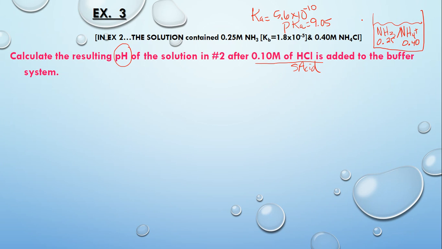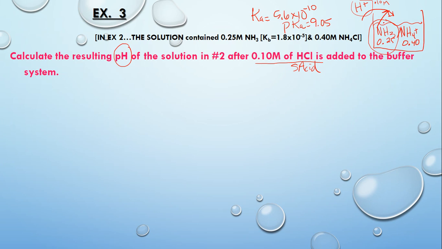So they say, okay, now you're going to add a strong acid. And from the strong acid, it's the hydrogen ion that's going to affect the pH. So since this is a strong acid, we're adding 0.10 molar of the strong acid. Think about what's going to attack the acid. The only thing that can attack the acid is the opposite of an acid, or the base. So in this case, the ammonia is going to jump in and take charge.